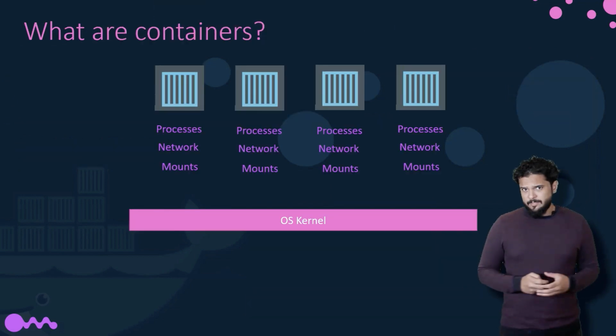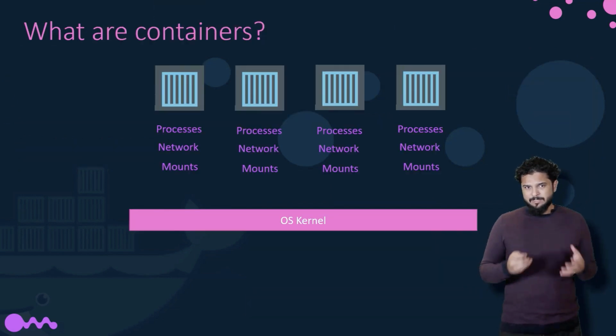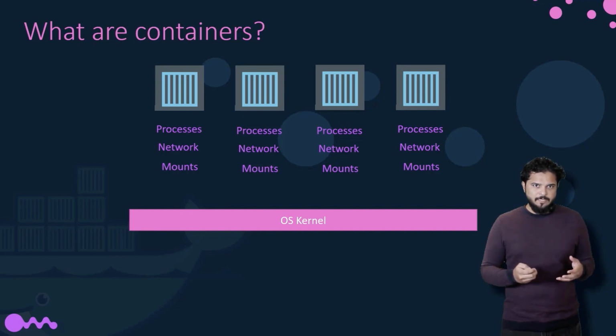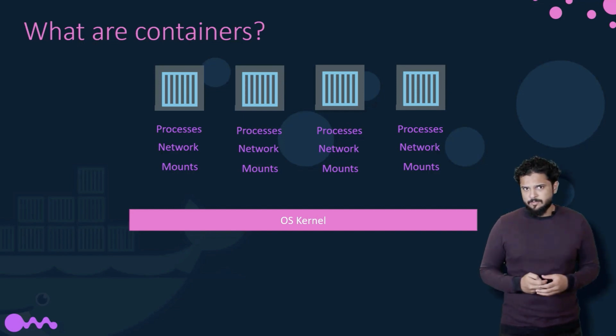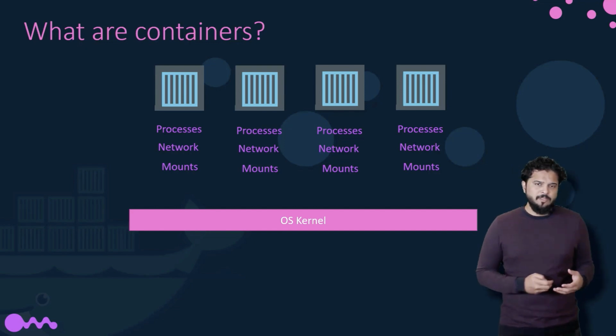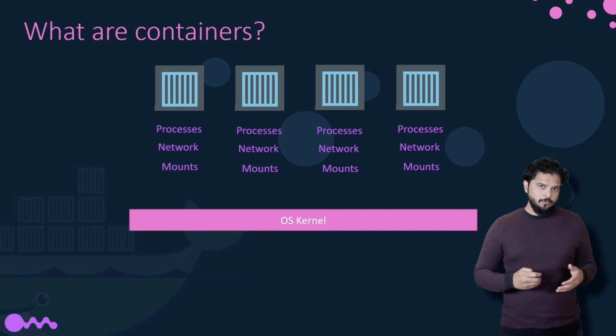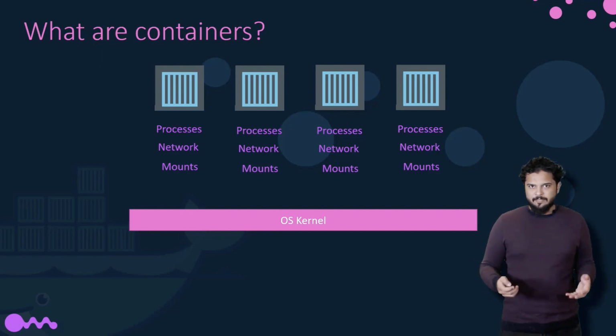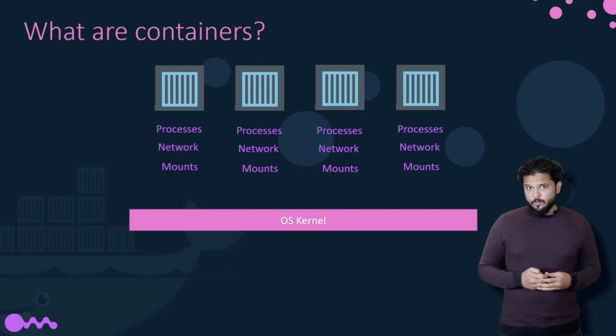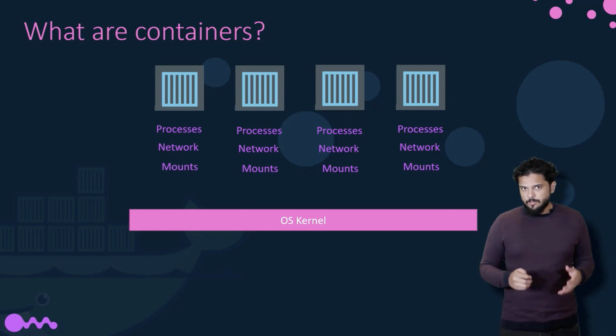So what are containers? Containers are completely isolated environments, as in they can have their own processes or services, their own network interfaces, their own mounts, just like virtual machines, except they all share the same OS kernel. We will look at what that means in a bit, but it's also important to note that containers are not new with Docker.